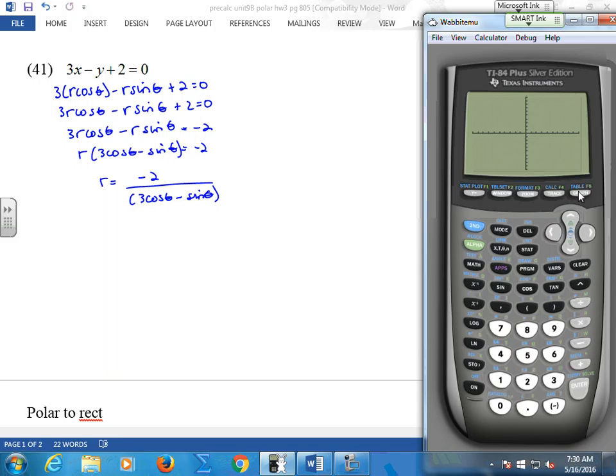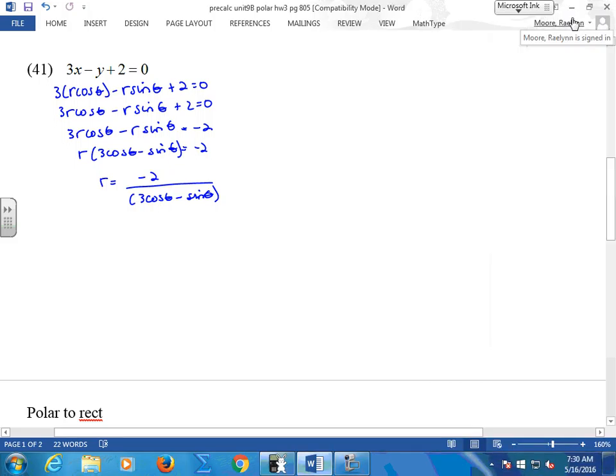I think this is set up for my parametric, so I might have to change the window. There's your line. I just didn't go the rest of the way down. Okay, so you should be able to graph these and see that it looks just like your rectangular one.